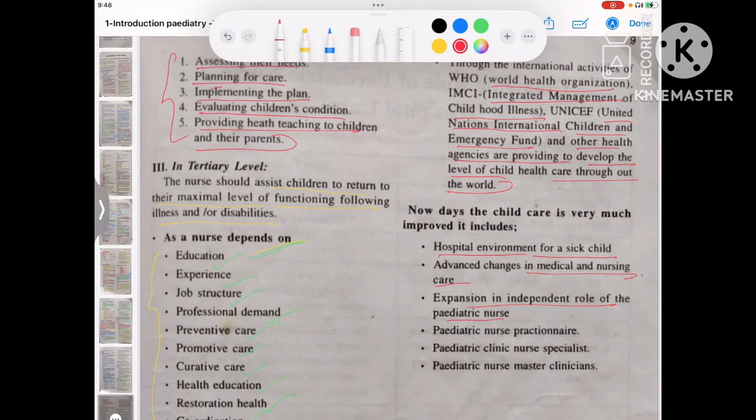Next are the pediatric nurse practitioner, pediatric clinical nurse specialist and pediatric nurse master clinicians. So these are the improved things we have seen in pediatrics.